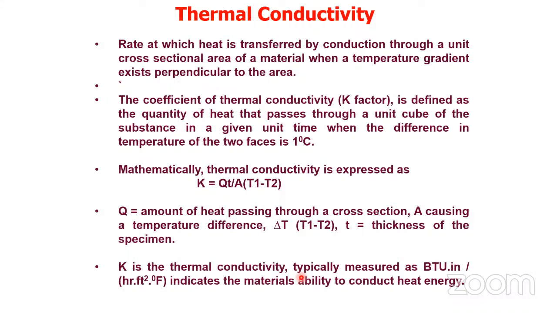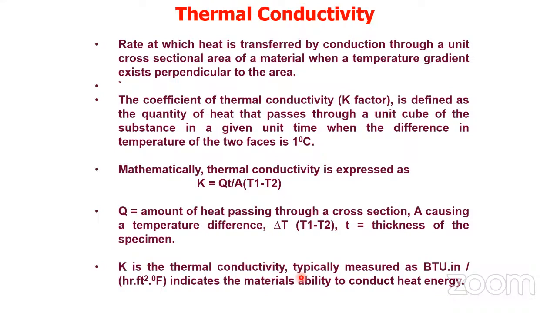The coefficient of thermal conductivity K is defined as the quantity of heat that passes through a unit cube of the substance in a given unit time when the difference in temperature of the two phases is 1 degree Celsius. Mathematically, the thermal conductivity is expressed as follows.